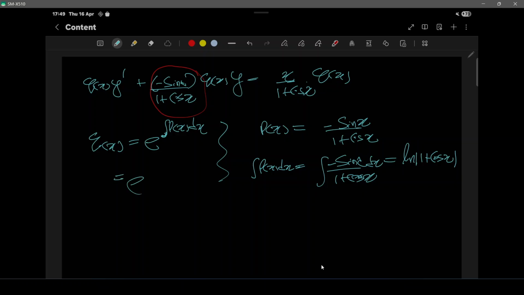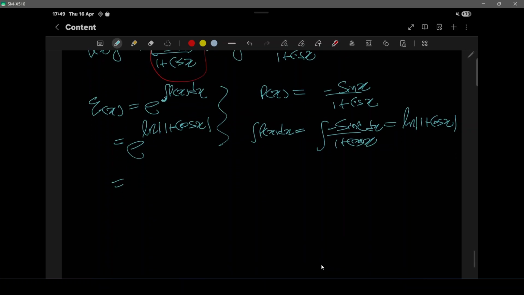So qx means e to the power ln of 1 plus cos x. Again, in earlier videos we derived that e to the power ln x is just x. So this is just 1 plus cos x. If you don't know how to do it, it goes this way. Imagine that k is equal to e to the power ln of some function, let's say x, or anything it could be.